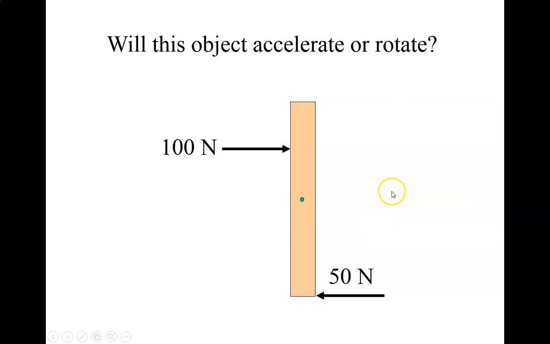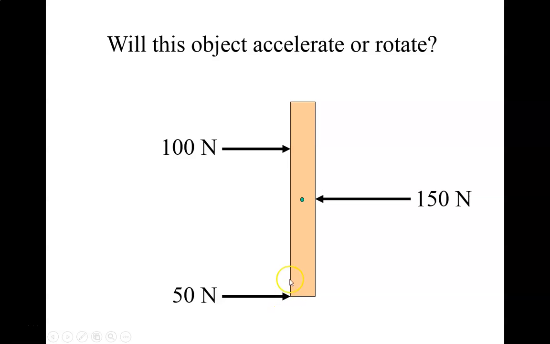Okay. If this force were on the other side, these would cancel, assuming this one is halfway in between, which I'm not trying to be tricky here, but it looks like it's about half. As that happens over here now, will this object accelerate? 150 to the right, 150 to the left. It will not accelerate.